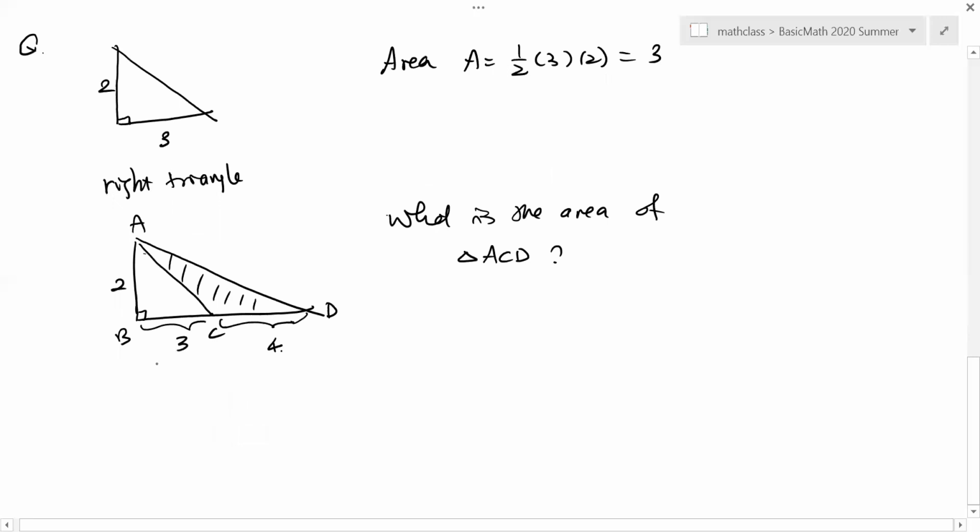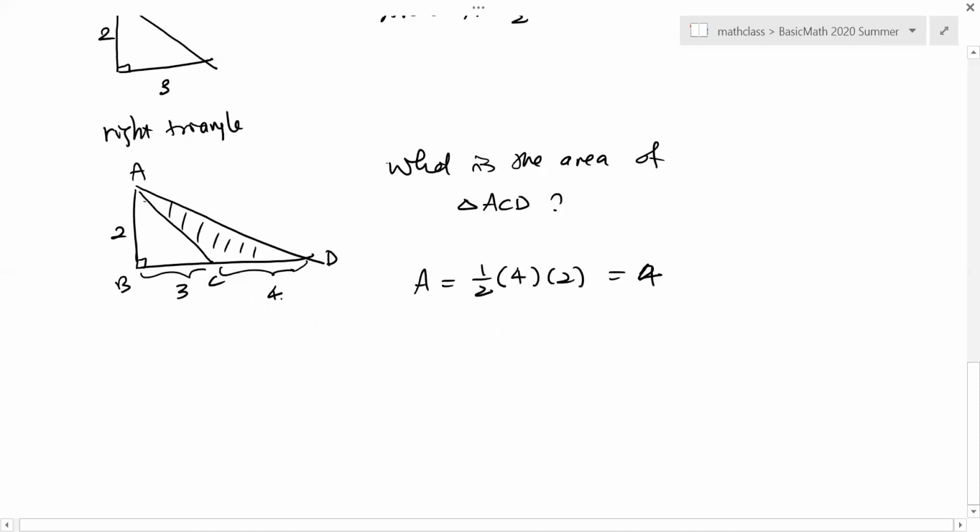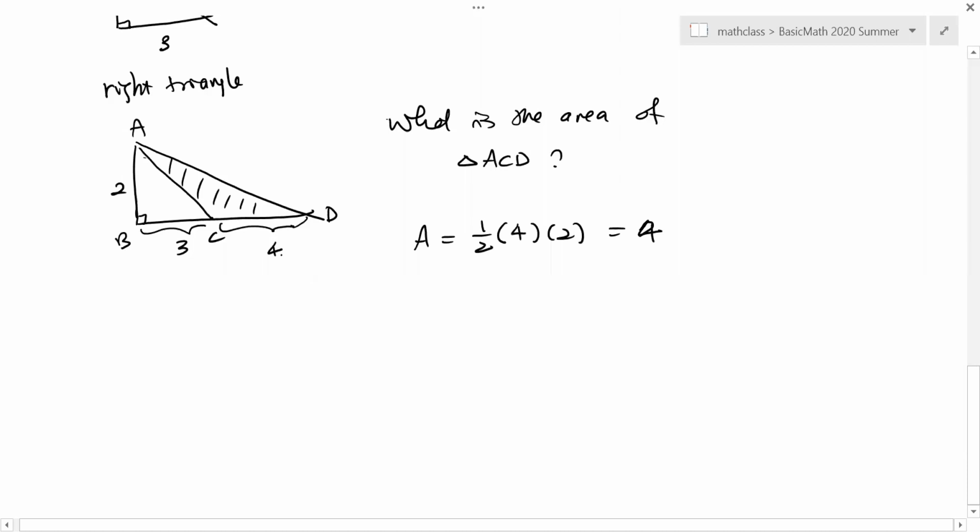Because you already know the height, 2 is the height. So you just say half of the base, which is 4, times the height 2, which is going to be 4. No problem.